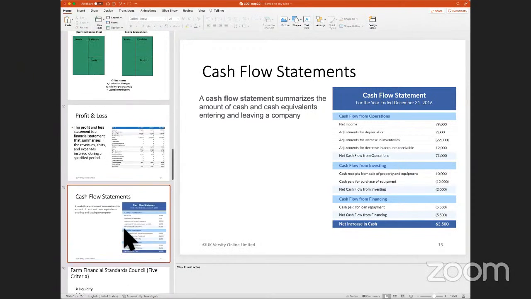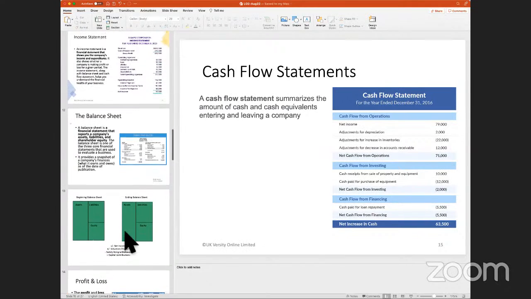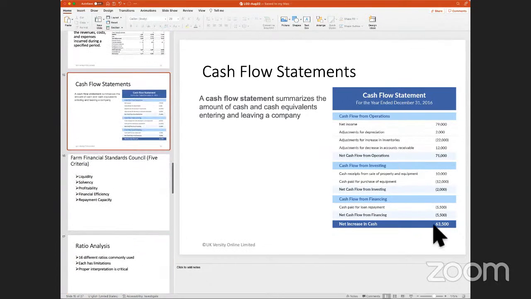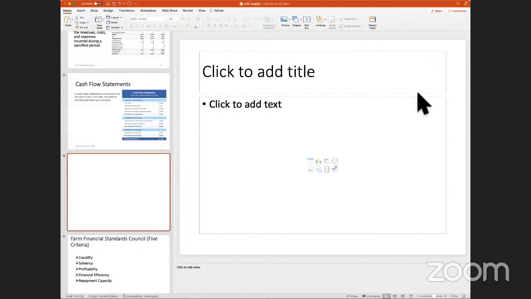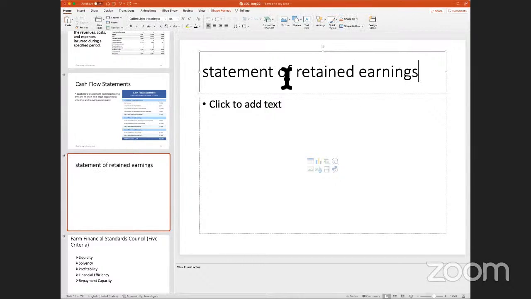Now, these are the four basic types of statements that we look at primarily, when we talk about the various types of statements which are produced. So if we look at the statement which is primarily for retained earnings, that would generally be prepared within the company because they want to show the amount of cash or the money which the company is actually retaining as profits within the organization.